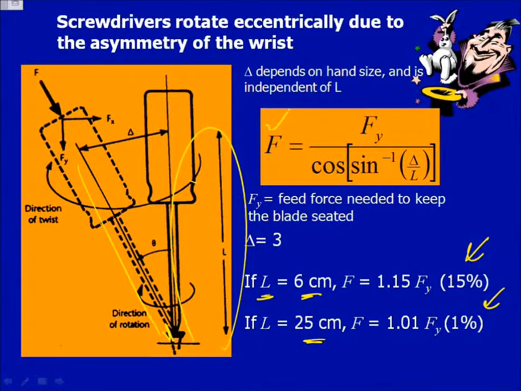Cutting through something. When you look at your feed force, you need to keep the blade seated, and if you look at the length of that shaft, 6 centimeters versus 25 centimeters right here, you need 15% more feed force and torque compared to the longer shaft going down in terms of the turn.